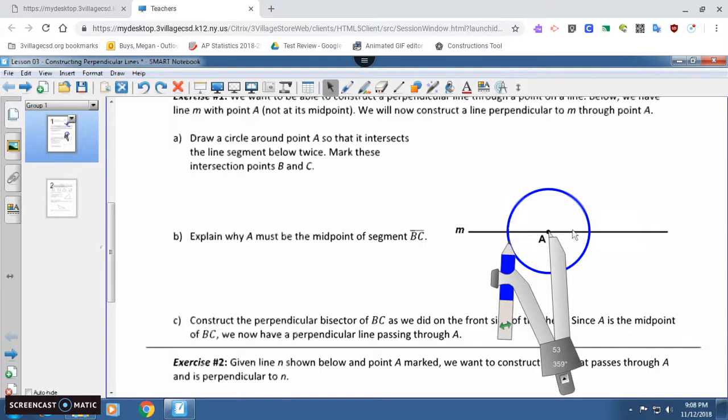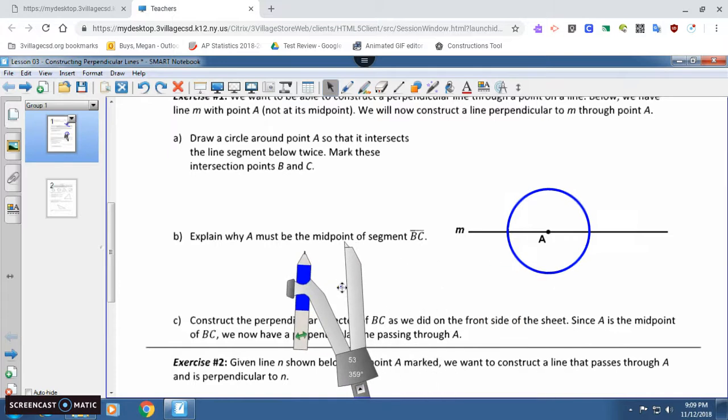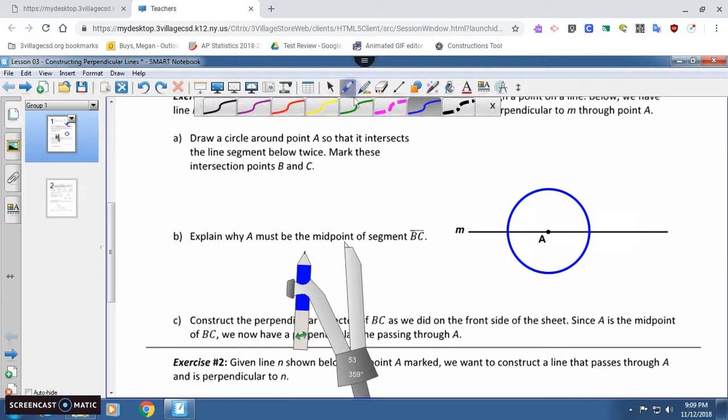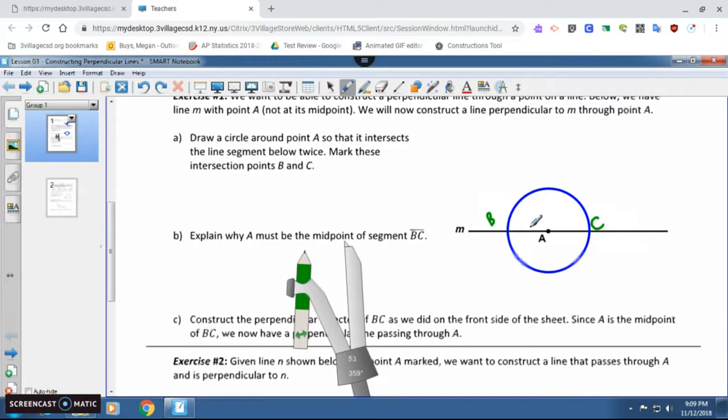The reason why we want an equal distance here is because now we know a construction that could be useful here. So our first point was to draw a circle, and we're going to label the two intersections that we just created as B and C. Now we know they're equal distances.